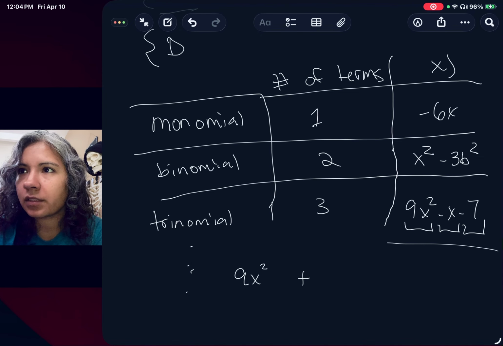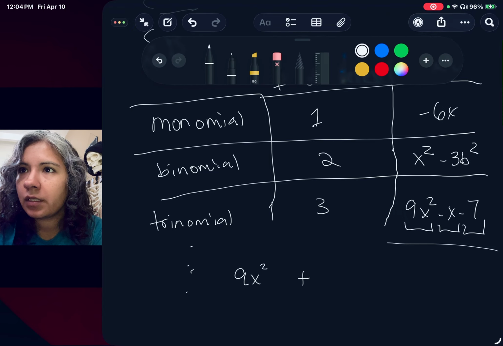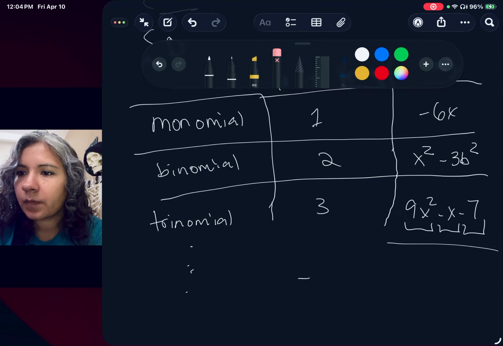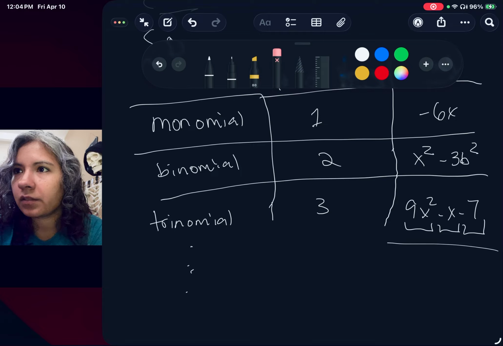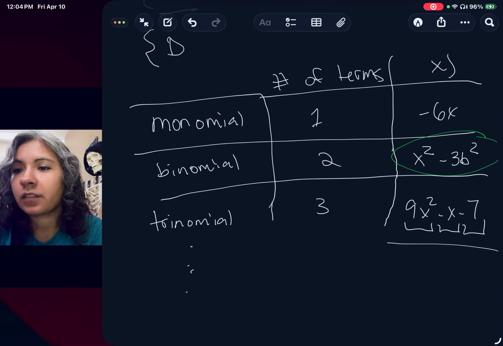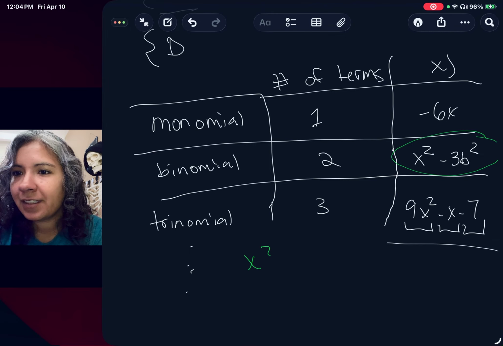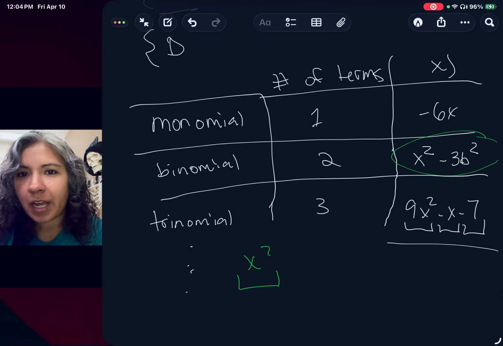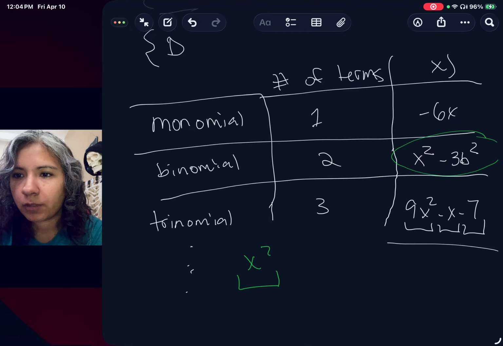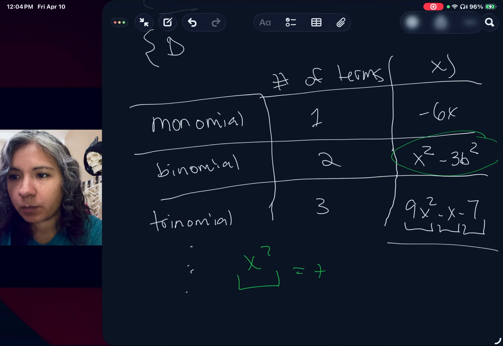So let's look at this x squared, right? Now we have our super secret ninja 1. It's positive, so it's the same as 1 x squared.